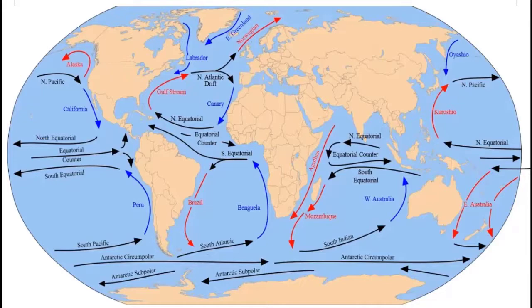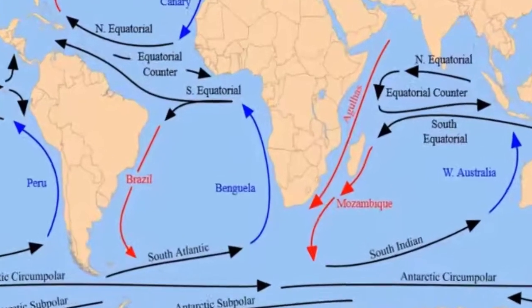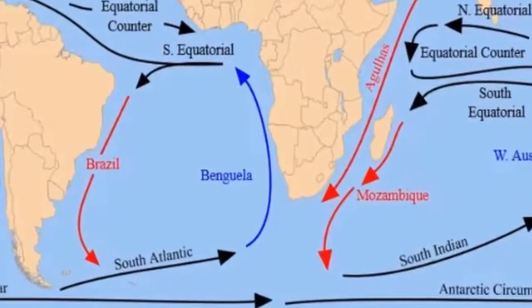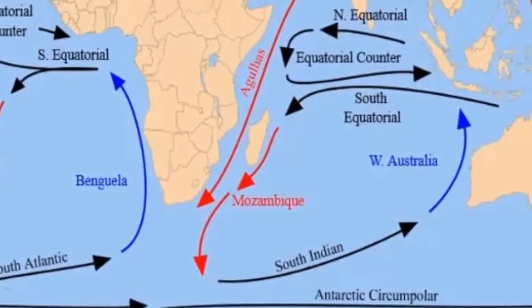Notice there's a South Atlantic gyre with cold water coming up out of the South Atlantic off the coast of Africa. And by the time it gets to the equatorial region, it bends to the left. And then it comes down off the coast of Brazil as a warm water current, the South Atlantic gyre.